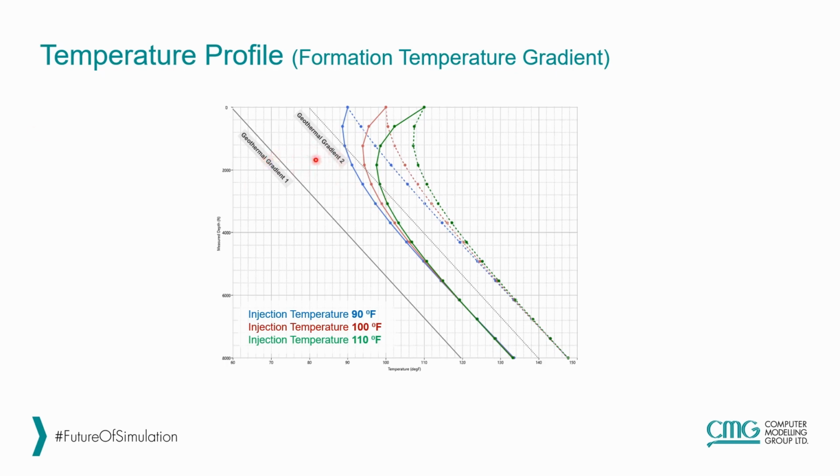So we have shifted the geothermal gradient from the surface temperature of 60 to 80, and we see that at different injection temperatures the overall trend of the temperature also changes according to the geothermal gradient. And this shows that the geothermal gradient, which is determined by the overall heat transfer coefficient, is one of the main parameters in terms of how the temperature profile of CO2 is going to be.